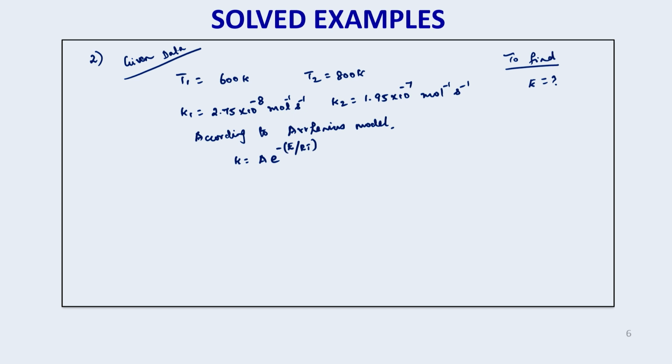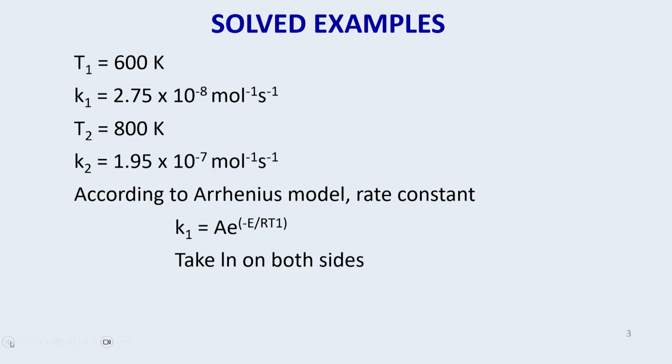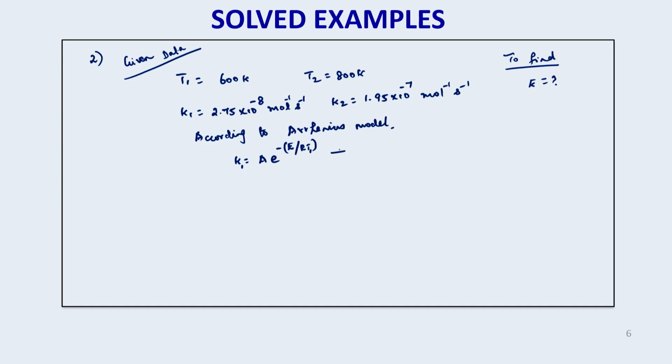For the first condition, K1 is equal to A into e power minus capital E by R into T1, where capital E is the activation energy. Let this be equation number 1.